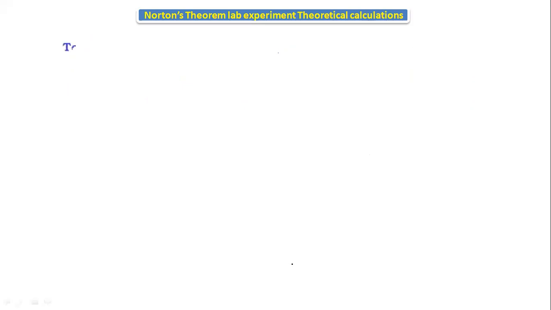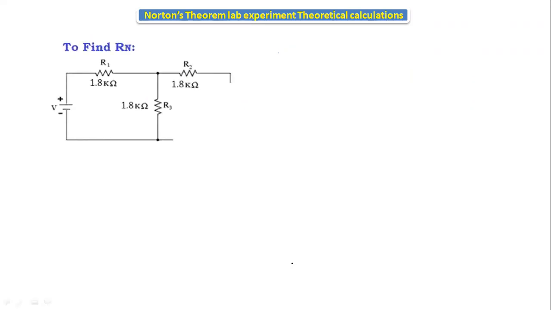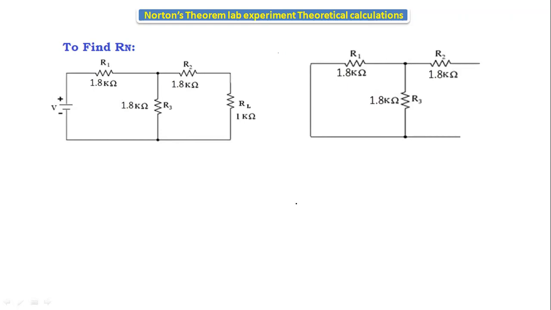Now let's calculate Norton's resistance. The next step is to find the Norton's resistance. To find the Norton resistance, short circuit the voltage source and open circuit the load resistance. To find RN, as we know, these two resistors are connected in parallel. So R is equal to, the formula for parallel, R1 into R2 by R1 plus R2.